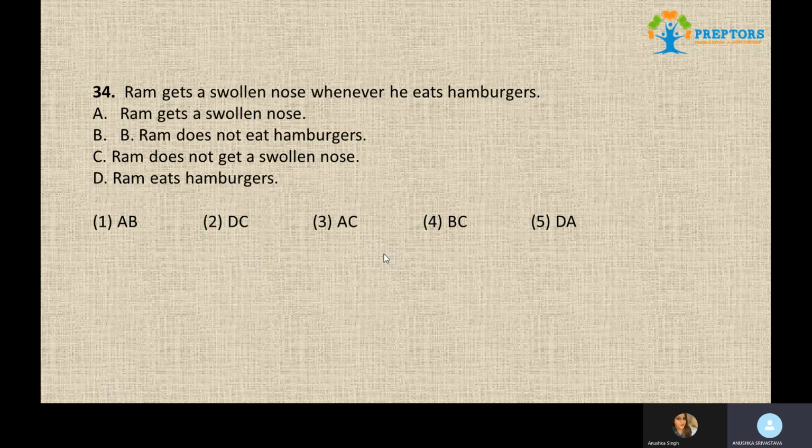If Ram does not get a swollen nose, he does not eat hamburgers. So my answer should have been CB. But I see that CB is not in my answers, which means I can't mark BC. So if you can't negate and give an answer, replicate and give an answer. Your answer will be he eats hamburgers, he gets a swollen nose. So he eats hamburgers is D, he gets a swollen nose is A, so the answer is DA.